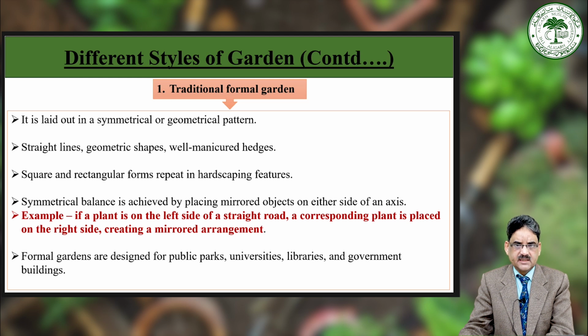Achieving balance is key, with mirrored objects on either side of a central axis. For instance, if there is a plant on the left side of a path, a matching plant is placed on the right.